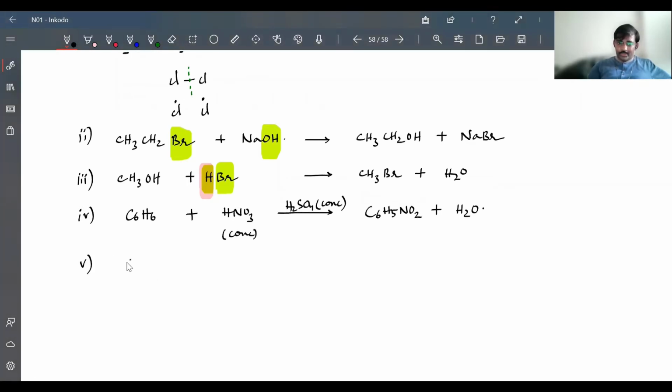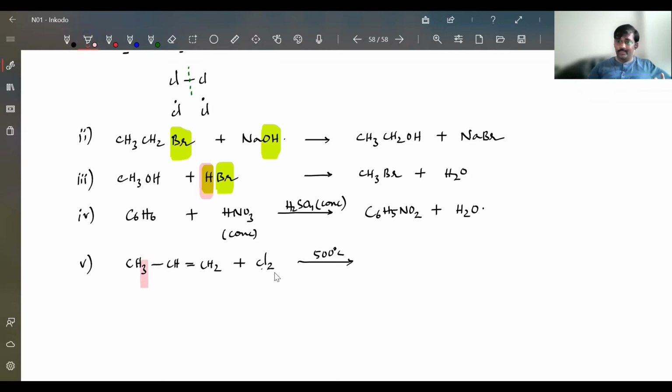Next, suppose I have propylene or propene, CH3CH=CH2. Suppose chlorine is reacting with it, and we are heating around 500 degrees Celsius. When heating at 500 degrees Celsius, chlorine will replace one of the hydrogens from here.